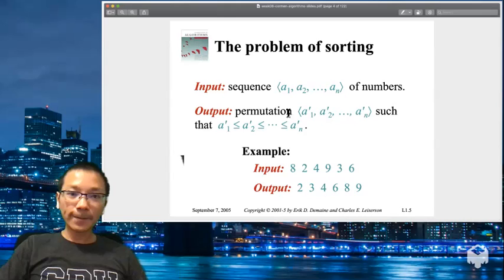I think most people play cards. When you take cards from the deck, let's say you put them in sorted order, 1, 2, 3, 4, 5, laid out in your hand so it's easier to look at.